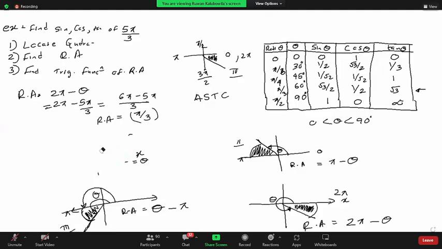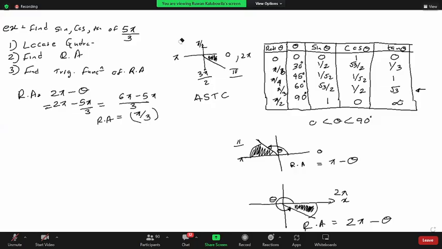Now it is very easy. Now you have found the reference angle. Now the answer should be sine π over 3, the reference angle, cos π over 3, and tan π over 3.